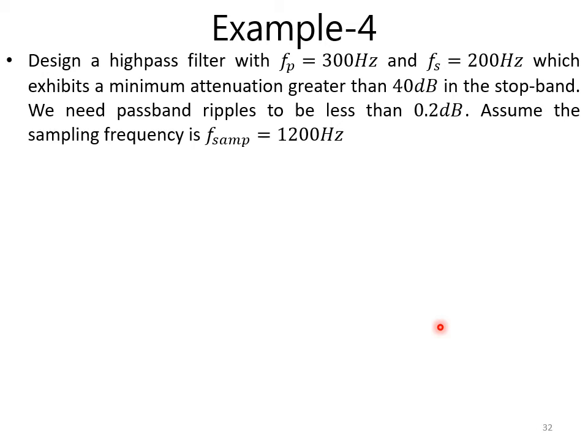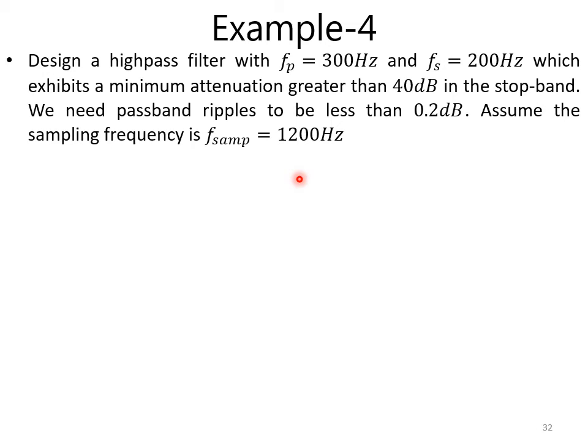So the difference between FP and FS is basically the width of the transition band, and the filter should exhibit the minimum attenuation in the stop band, which is equal to 40 decibel, and we must have the pass band ripples less than 0.2 dB.